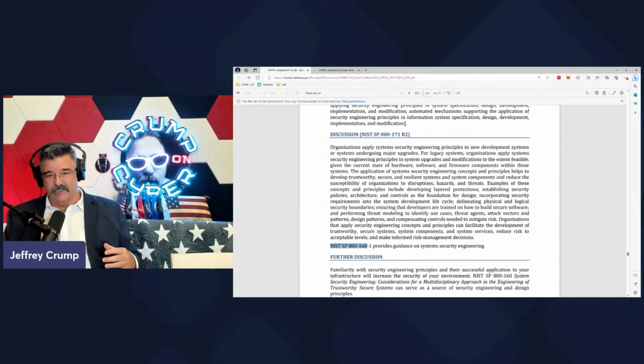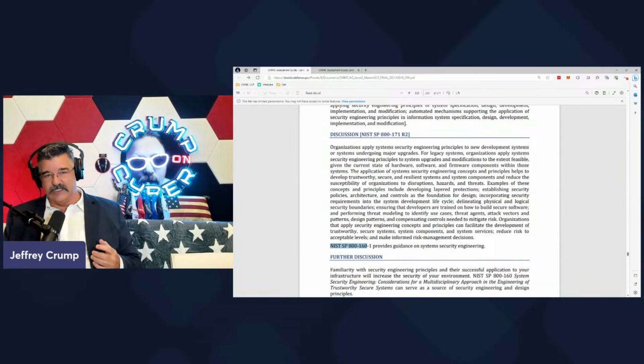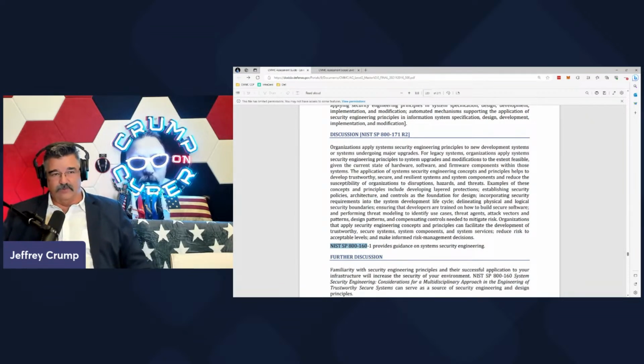So when we get this discussion about these principles and how they can be applied to particular systems, it tells you that in any given organization that has lots of systems, there's a very good chance that you are going to see some variability in these strategies, goals, objectives, constraints, and practices and how they're being applied, for what they're describing in 800-160.